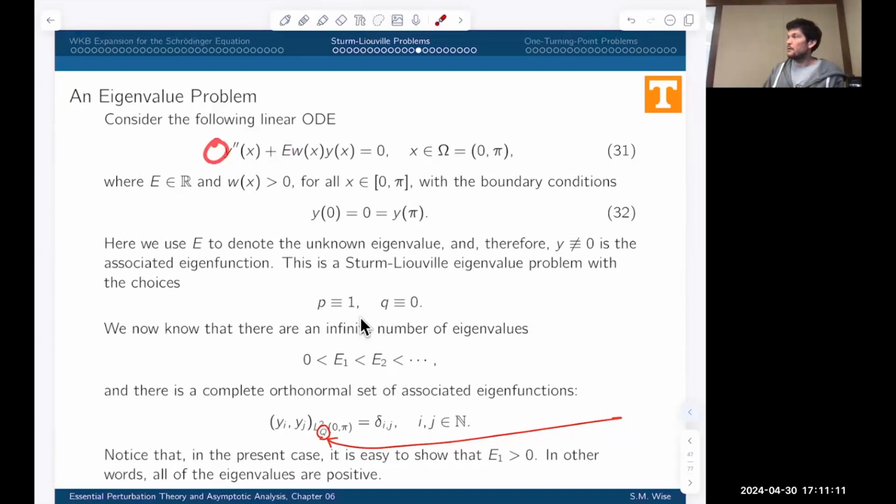That's the small number, right? And so that's precisely the framework where I can apply WKB theory. Because remember, WKB is epsilon squared y double prime plus W of x, y of x equals 0.